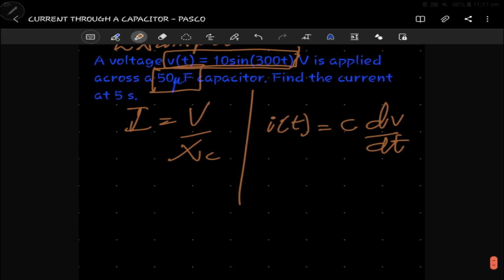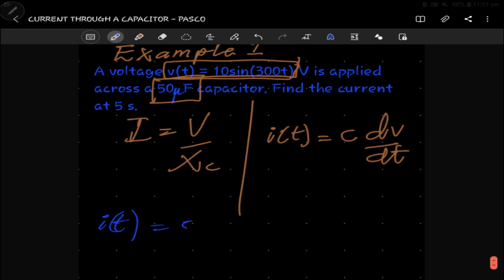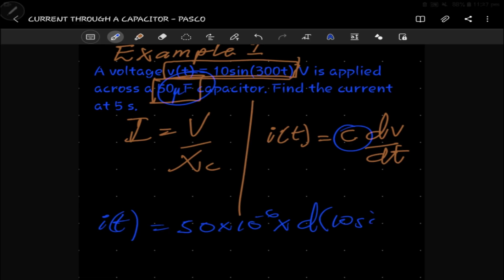So the current that we are trying to find is equal to the capacitance, which we already have, 50 times 10 to the power minus 6. That's the C here. And then the dV/dt is basically a derivative, so we are finding the derivative of the 10 sine 300t.